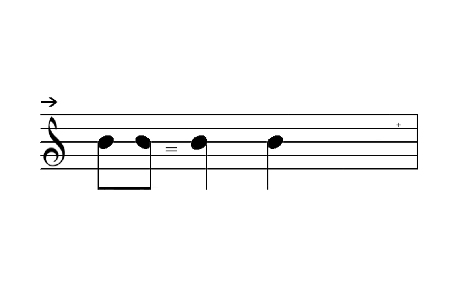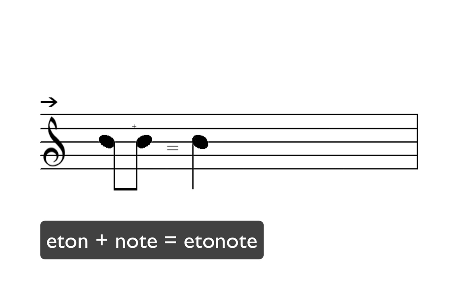So, the same consideration for the counter movement. And the counter movement is, logically, an E-tone note, because an E-tone note consists of first an E-tone, like this here, and then follows a note.